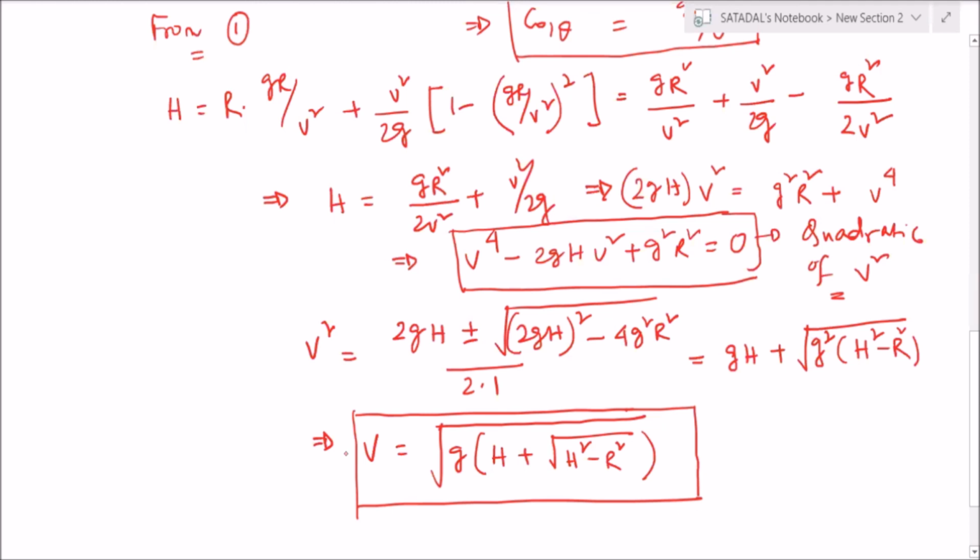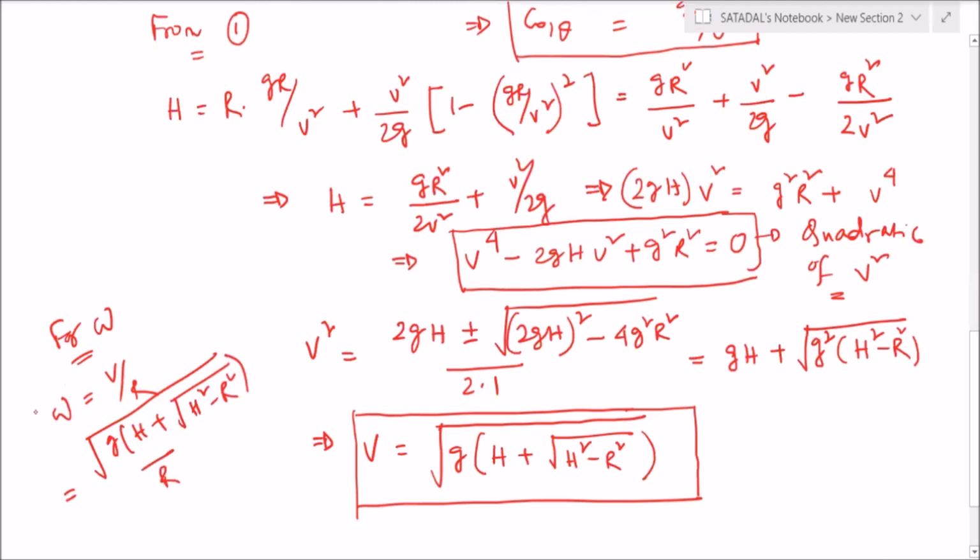This is the final answer for v. So for omega, angular speed, omega equal to, we know, v by r. So simply the answer will be root under of g into H plus root under of H square minus r square, divided by r. So this is the value of omega.